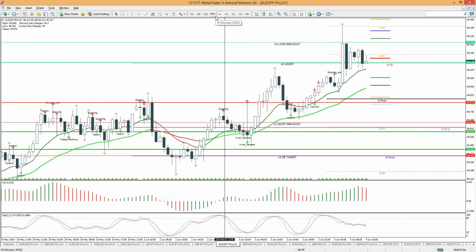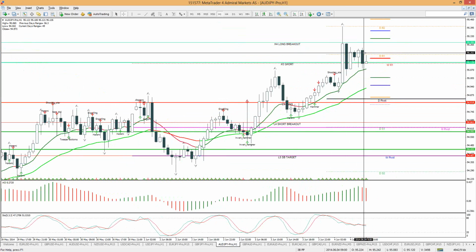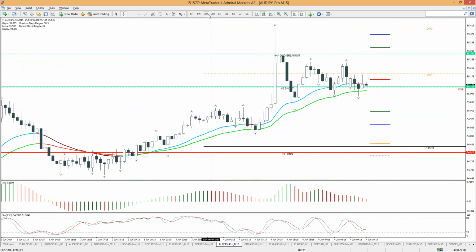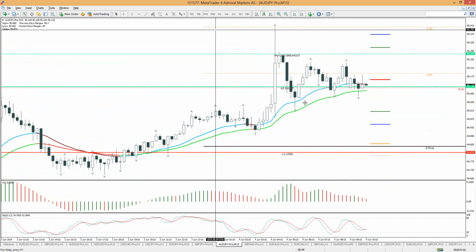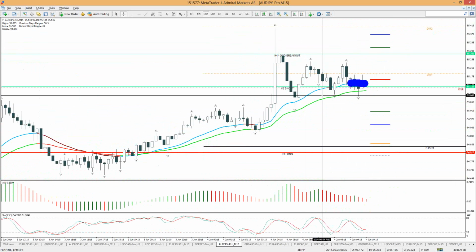Certainly a big uptrend here on this hourly, but recent price action has gone sideways, which means that the 15, despite the hourly aligned, most likely will not be aligned. Oh, it is. We do have a flat 21, but we have an upward 34.